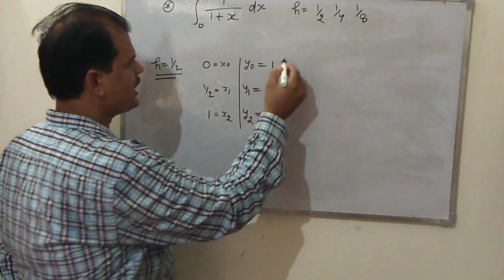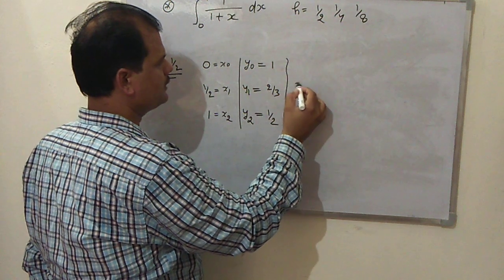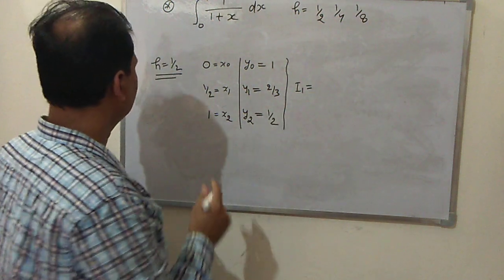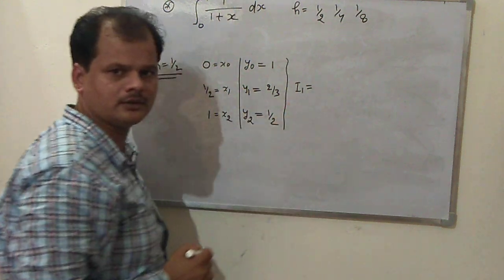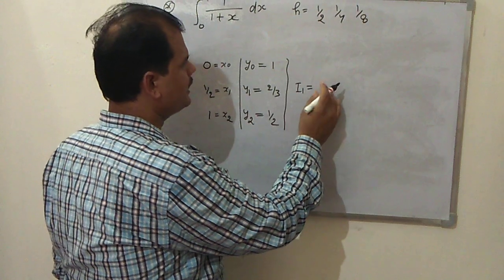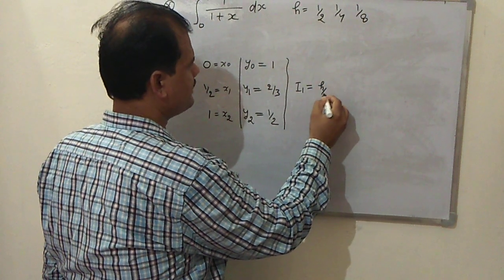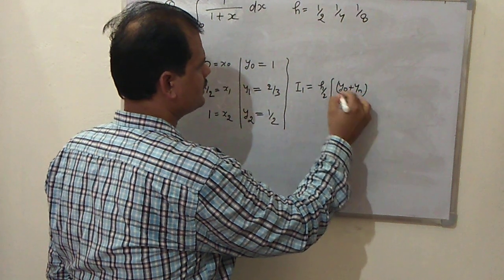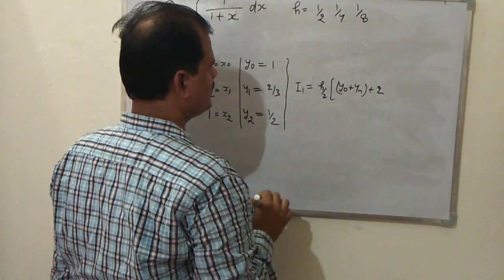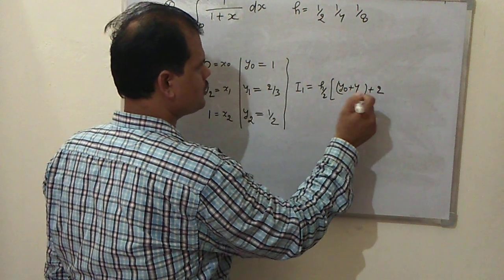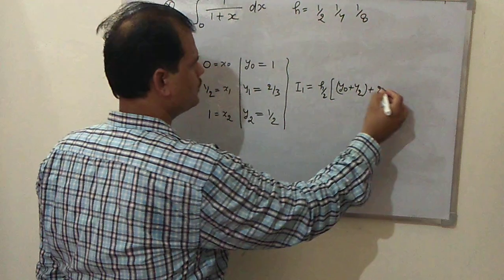Now with the trapezoidal rule, I1 will be h by 2 times the first point, the last point, and 2 into the remaining points. So the first point is y0, the last point is y2, so y0 plus y2 and 2 into y1.